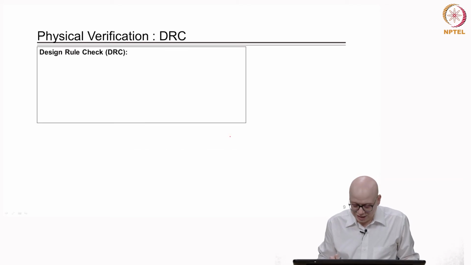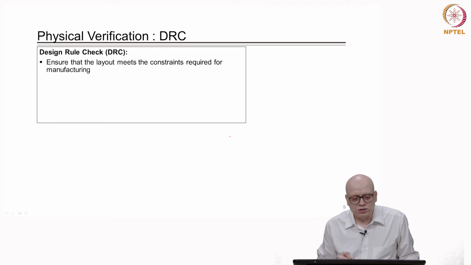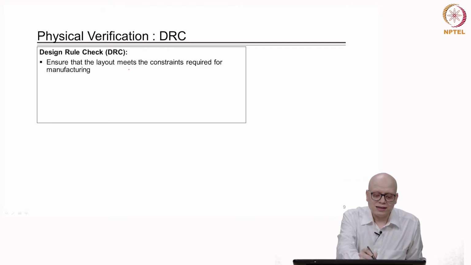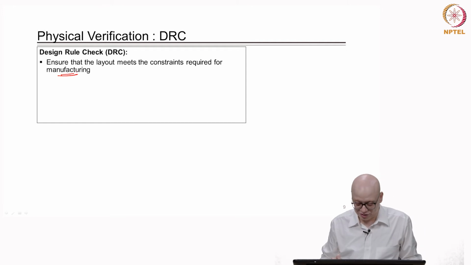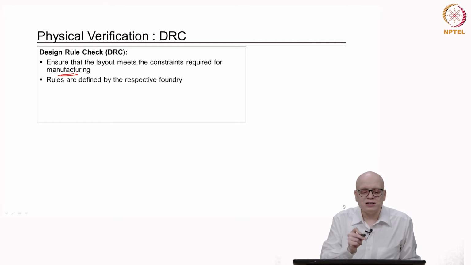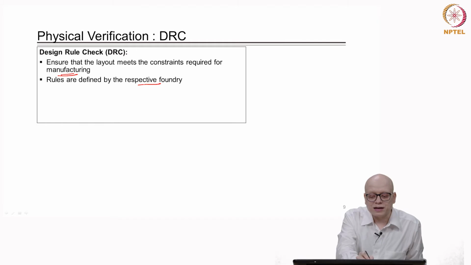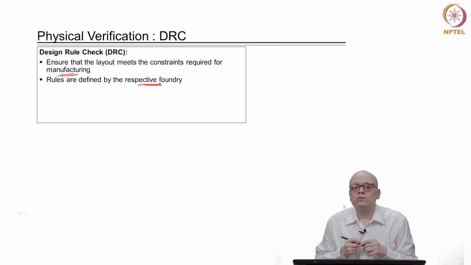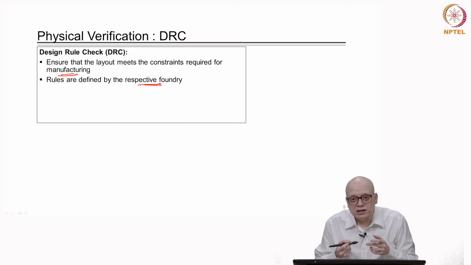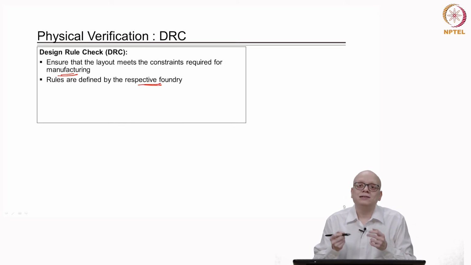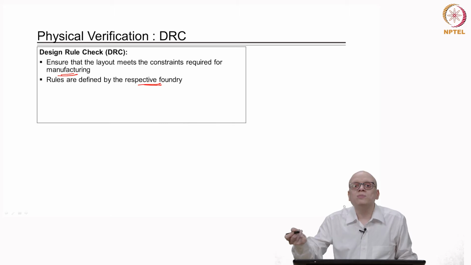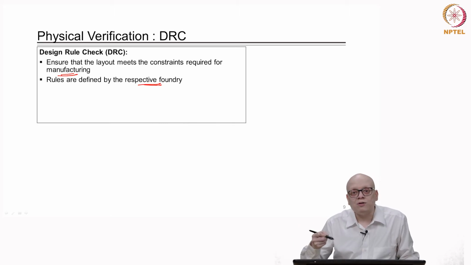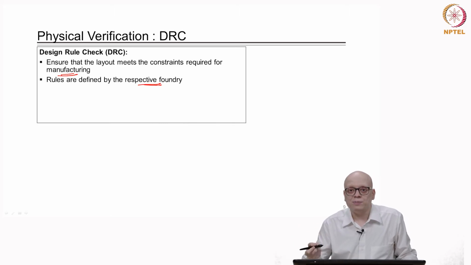Now, what is design rule check? Design rule check basically ensures that the layout meets the constraints required for manufacturing, and these rules are defined by the respective foundries. Say, for example, we have created a layout for 14 nanometer, then we will use the design rules that come from the foundry where we want our circuit to be fabricated.